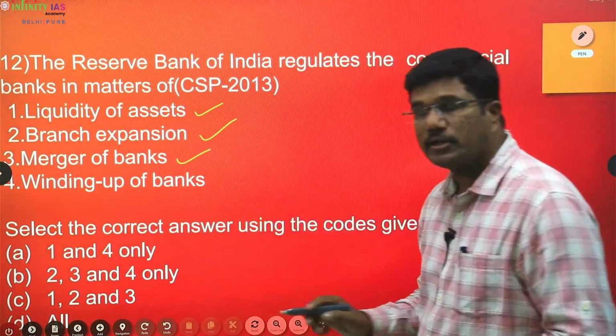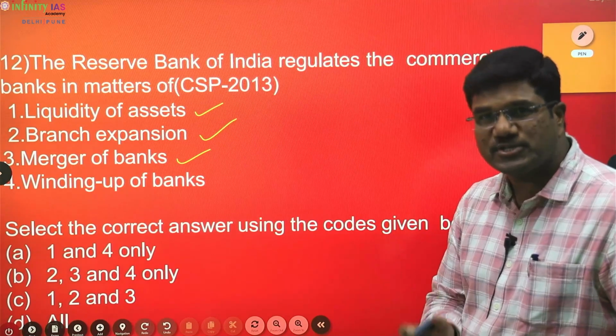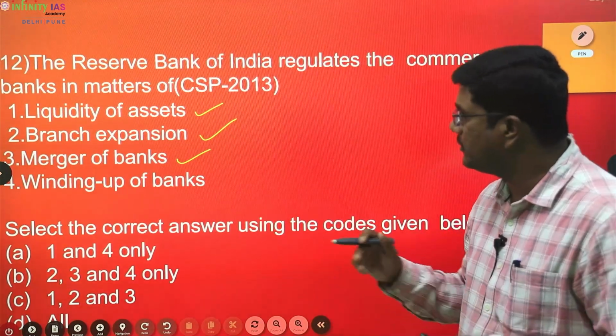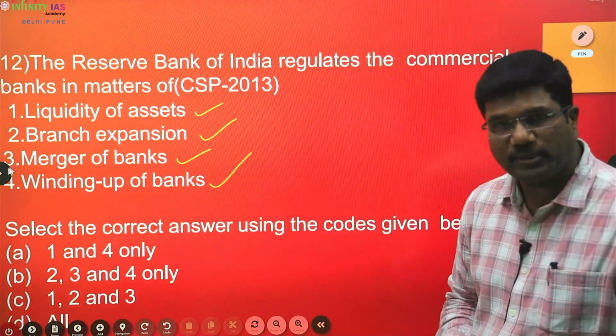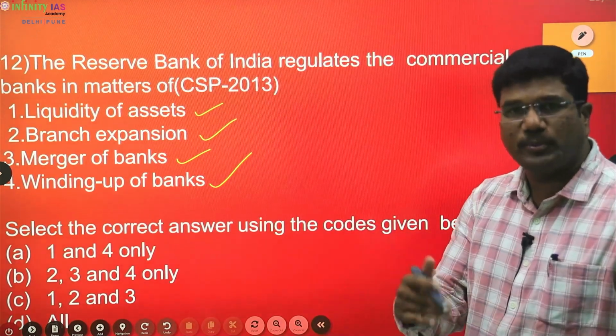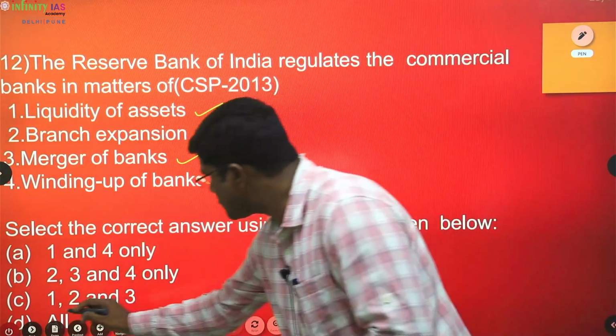Merger of banks, if RBI thinks that a particular bank is in a bankruptcy stage or has gone bankrupt, then it might merge the bank. Winding up of banks may also happen. Sometimes if a particular bank is found to be in malpractices, then there is a winding up. So all is the answer.